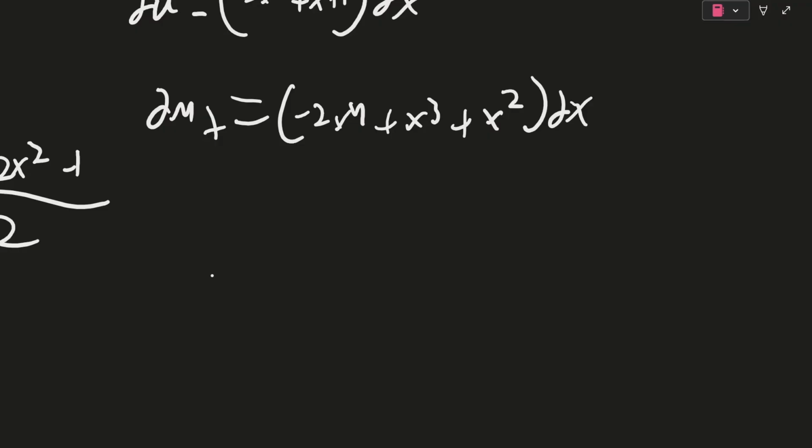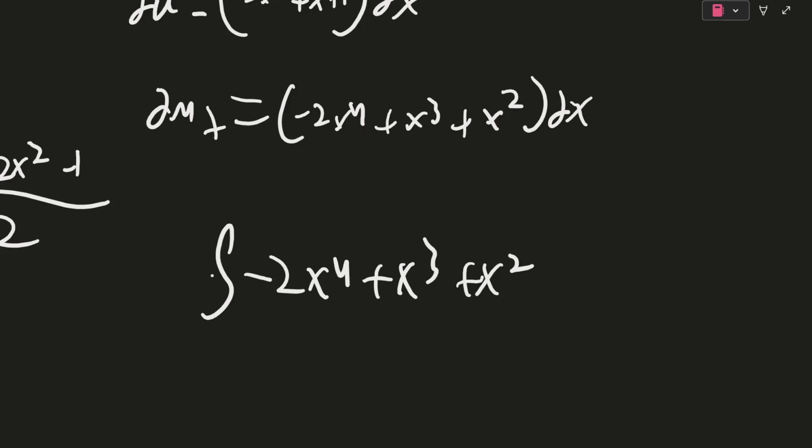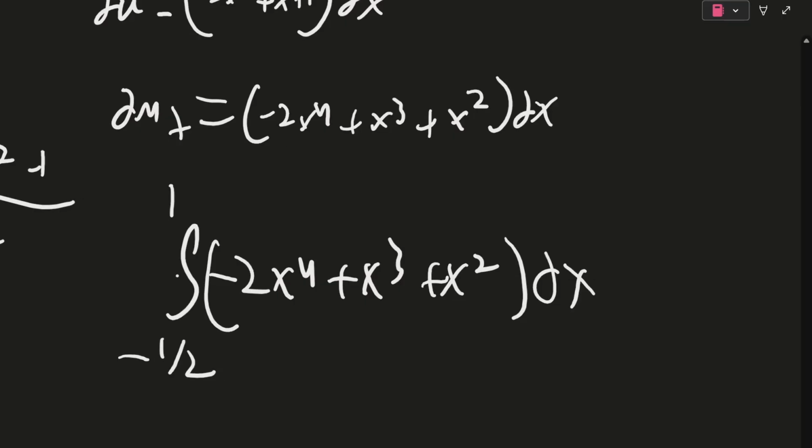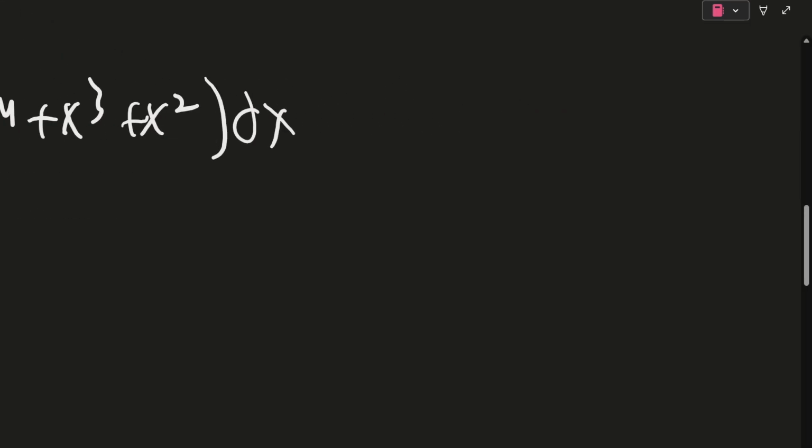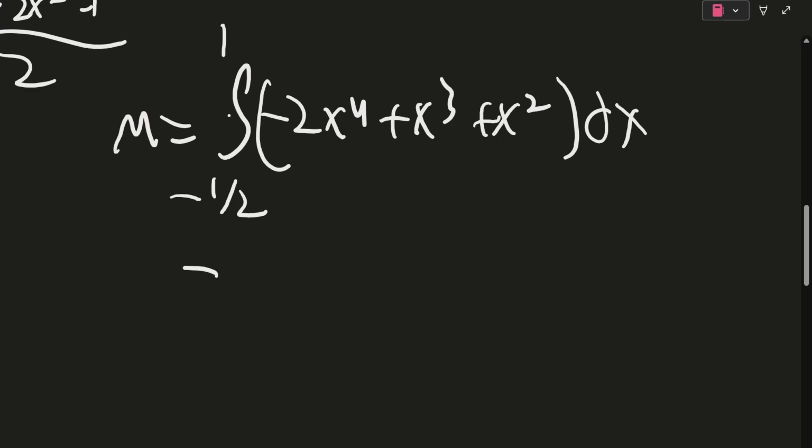So we have the integral of negative 2x to the fourth plus x cubed plus x squared, from negative 1/2 to 1, with respect to x. Also keep in mind the integral of our little mass strips is just equal to the total mass of the region, generally denoted as capital M. So we will denote it as so.